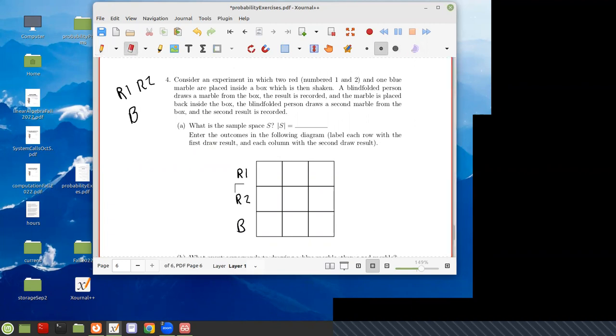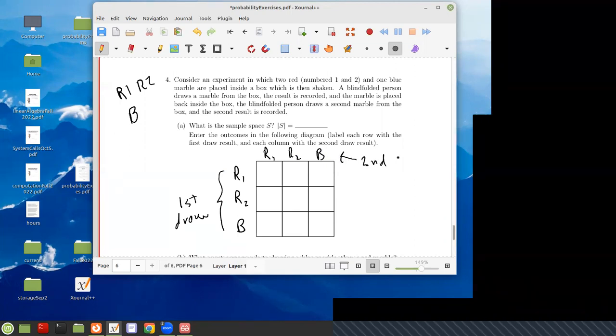And let me maybe do this with a subscript so it isn't so large. Okay, so we have one of the two red ones or blue, and this is the first draw. Now you put them back in, and then you can draw them again. Well, you could get the red 1, the red 2, or the blue. So those are the second draw.